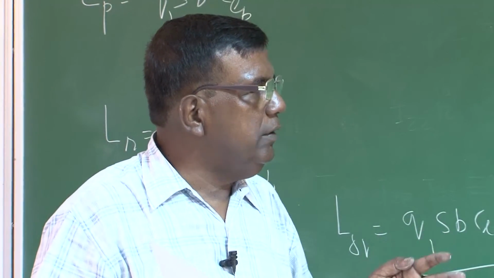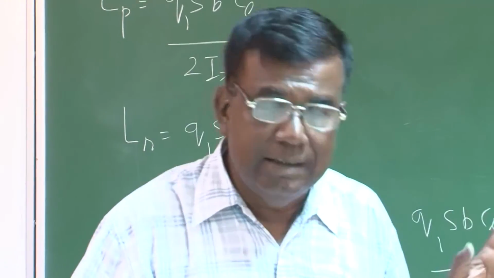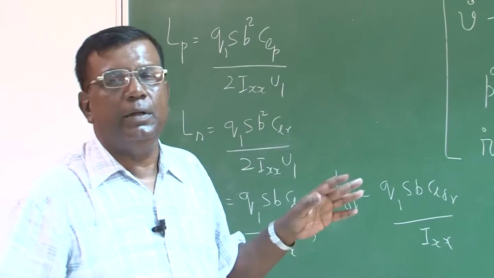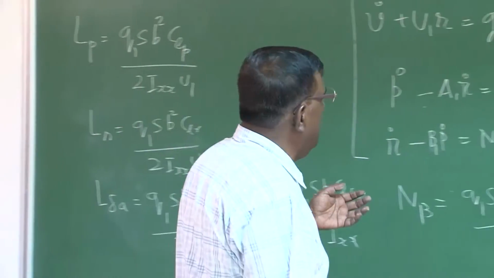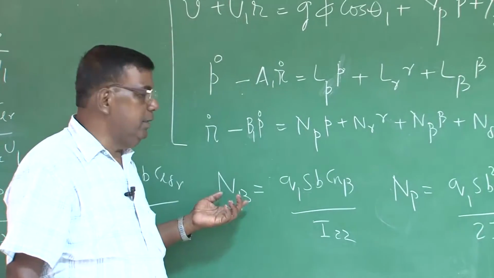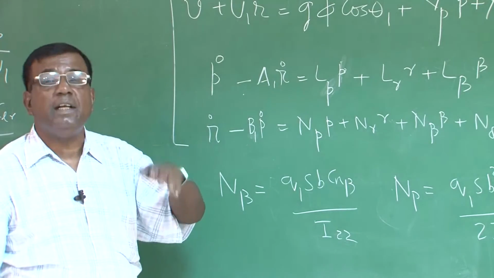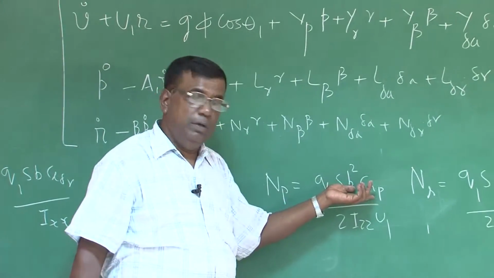So I would like to stop here so that you at least digest this. Please remember one thing, no need to cram anything here, okay? You only need to understand, if somebody tells you N beta, what should come to your mind? Cn beta. What is Cn beta? Cn beta is directional stability. Cn beta should be greater than 0. Np, you should think of Cnp.